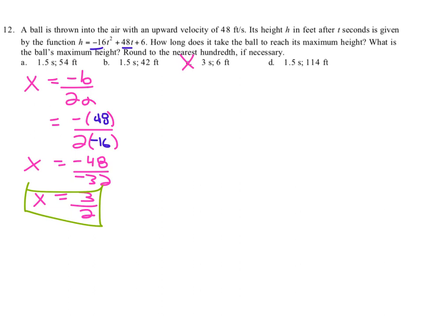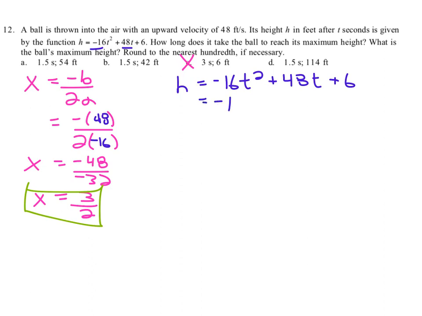Okay. And then how do you find out what is its maximum height? So what you need to do then is take the original equation, and I'll write it here, h equals negative 16t squared plus 48t plus 6, and we're going to plug that in.